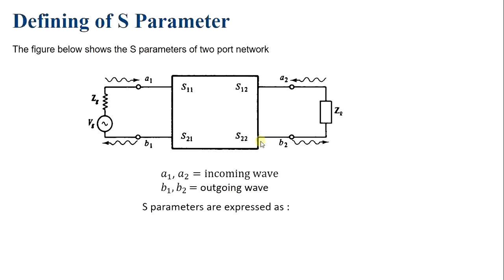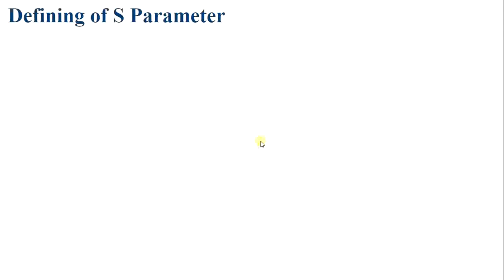So the S parameters are expressed as B1 equal to S11 into A1 plus S12 into A2. Similarly, B2 is represented as S21 into A1 plus S22 into A2. We can write that as the matrix of B equal to S into the matrix of A. So what is this B?